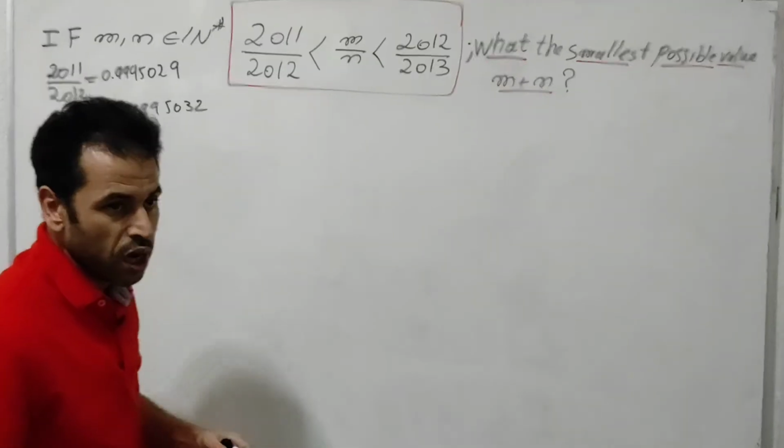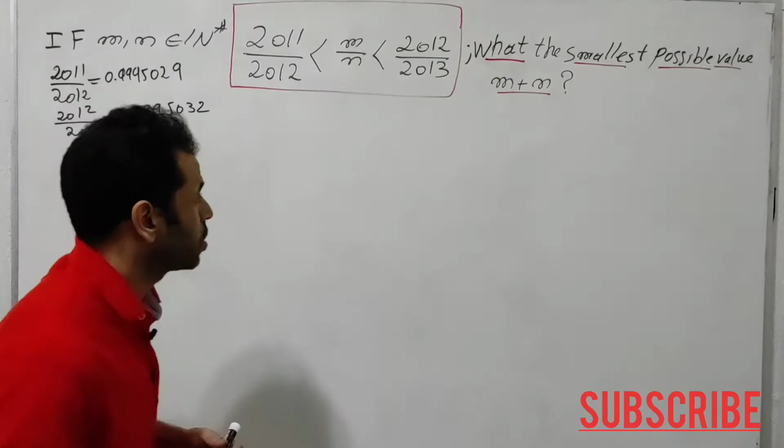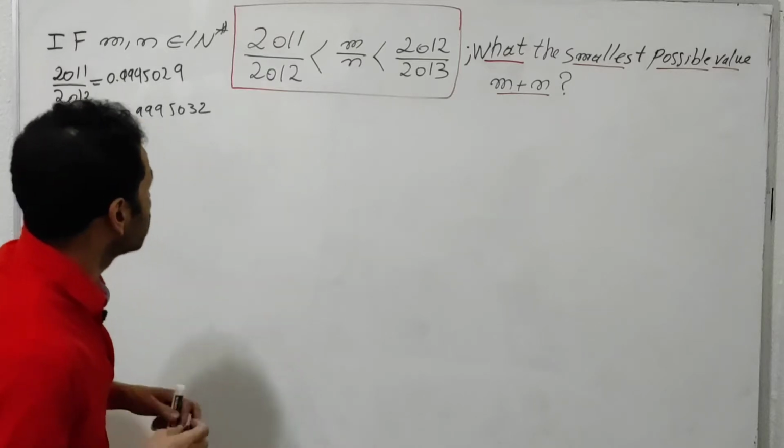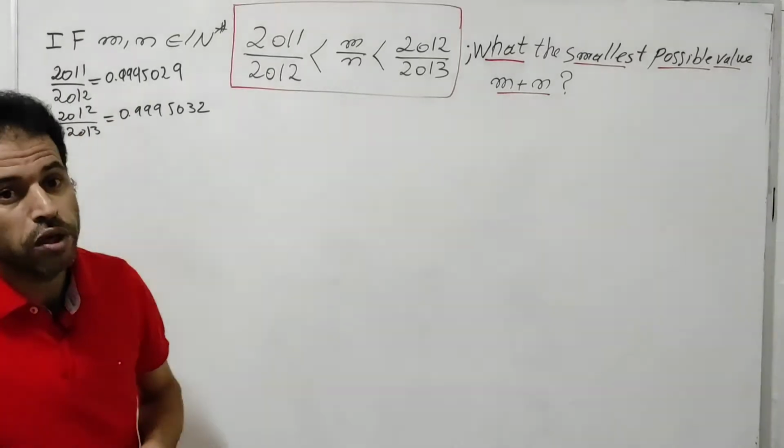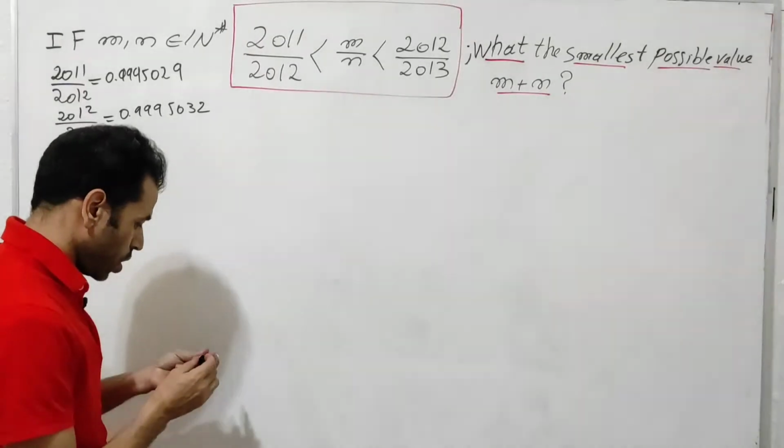I'm going to use arithmetic calculation and number theory, but you can use any method you want. There are a bunch of ways you can solve this one. So now let's get started.